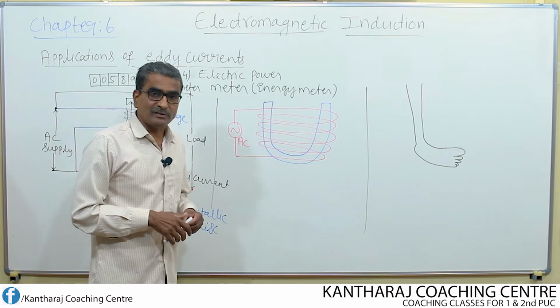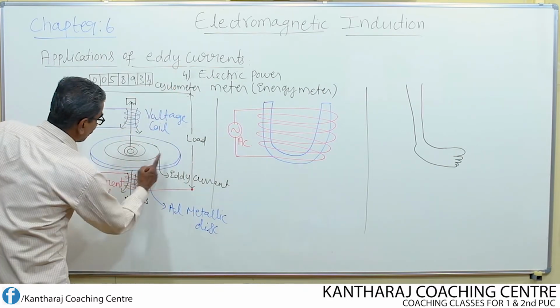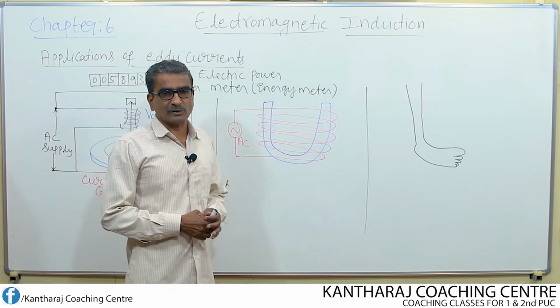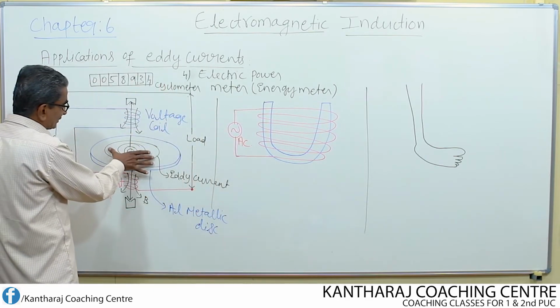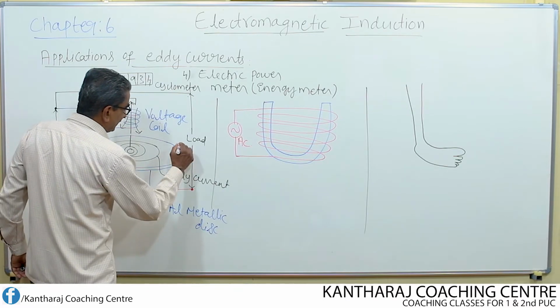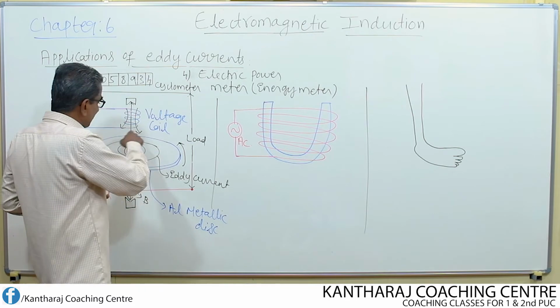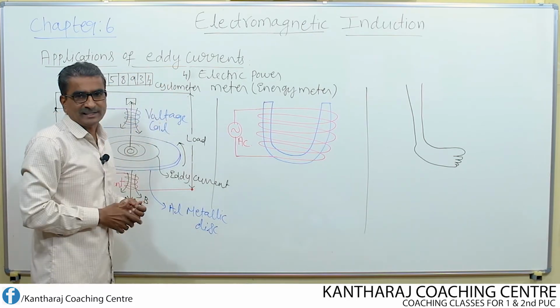As a result of this, a torque acts on this disc. Torque means rotating effect. Torque is nothing but a form of force which makes the body rotate. So, a torque acts on the disc, and due to this the disc starts rotating in one direction. The number of rotations made by the disc is indicated by the numerical display here.